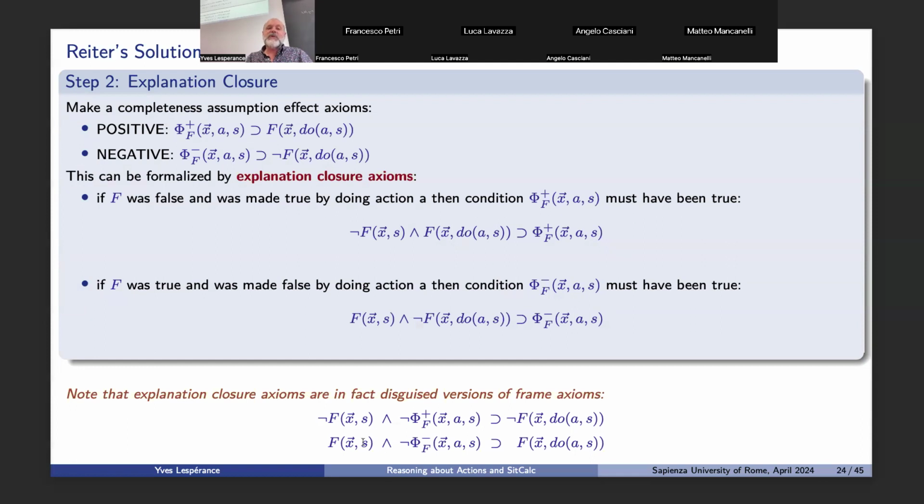This one says, if F is true in S and the condition for it to become false does not hold, then it remains true afterwards. So these general frame axioms are equivalent to these explanation closure axioms or assumptions. We got this from the effect axioms that we wrote down and we believe these, and now we say that we wrote down all the effects. So whenever these conditions are false, things don't change.